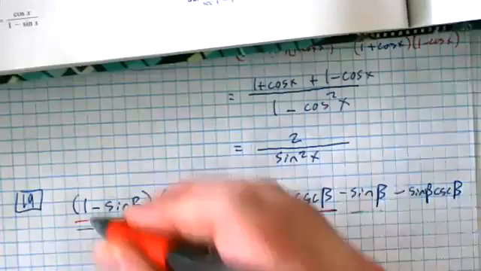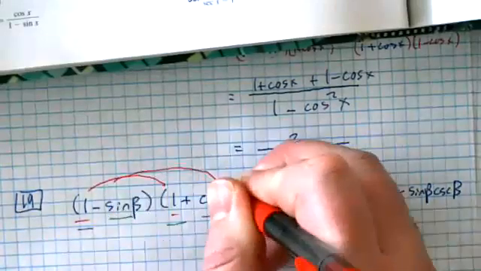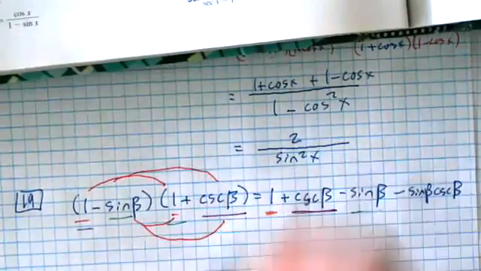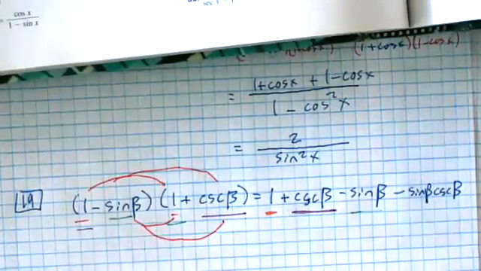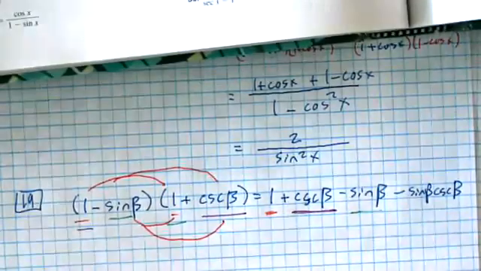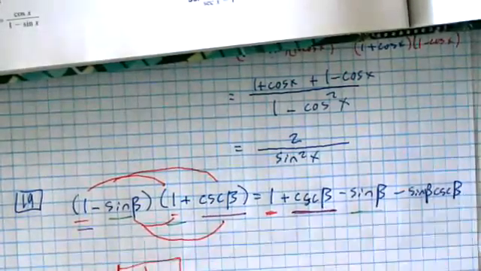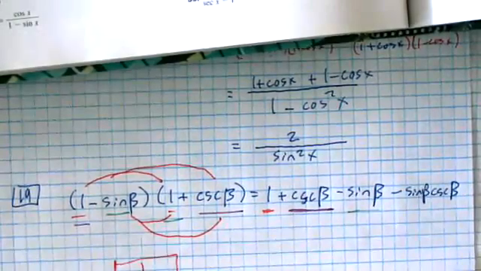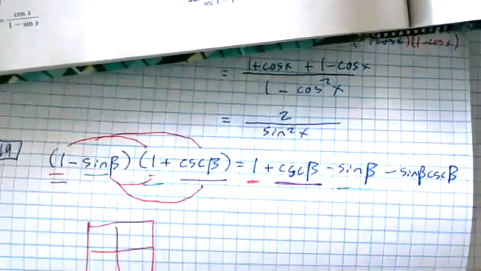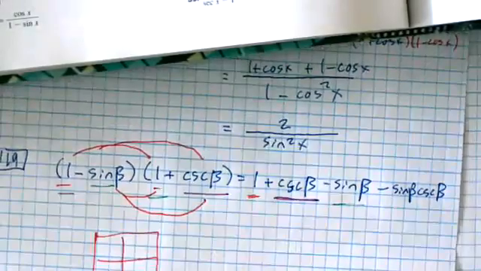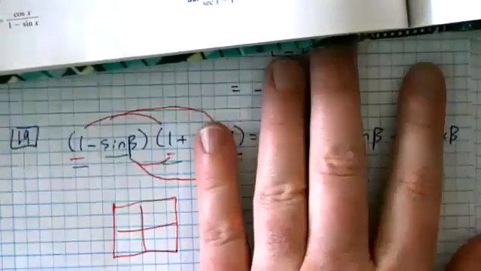Some of your teachers might have taught you to do this instead. This is a sort of visual representation of FOIL. Does that look more familiar to you? Miss Castleberry does it that way. Mr. Skaggs does it that way. Way back in a lot of our Algebra 1 classes, we do this thing with the box. You could do it that way. It gets kind of messy when you start putting sines and cosecants in there, but we're just multiplying out those two binomials.